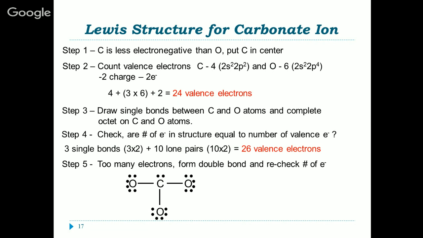There's too many electrons, so we have to form a double bond instead and then recheck our number of electrons. So instead, we form a double bond between this carbon and this oxygen atom, and that allows us to take these 2 electrons away from being on carbon, and our structure is complete.